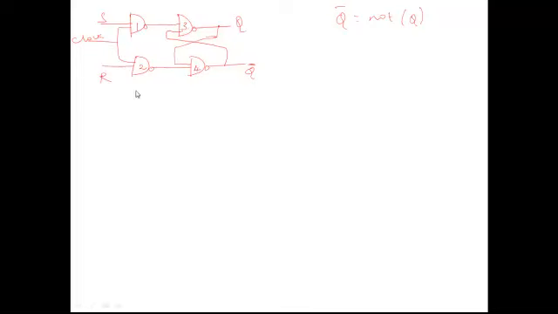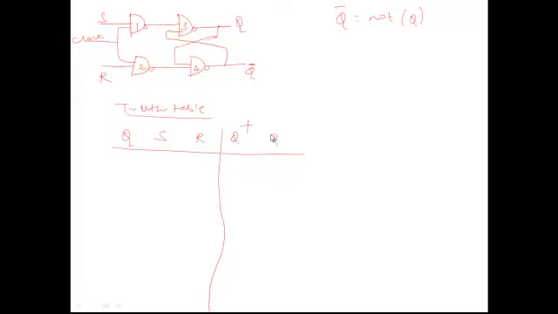Okay. Now to write the truth table, as I have told you, the truth table of the flip-flop will be having input and the present state. Okay, output and the next state. So here present state is Q, input is S and R, and the next state is Q plus.